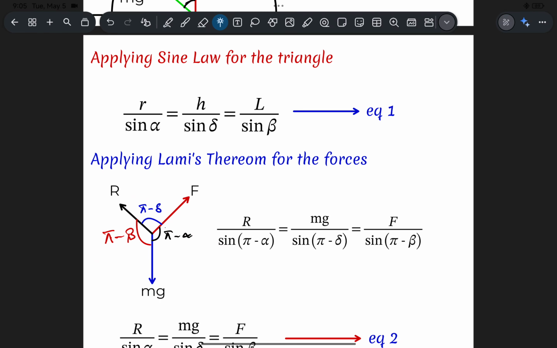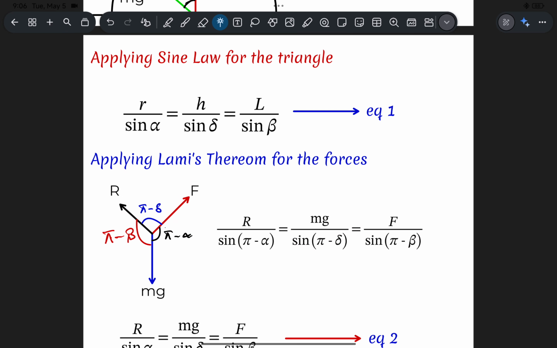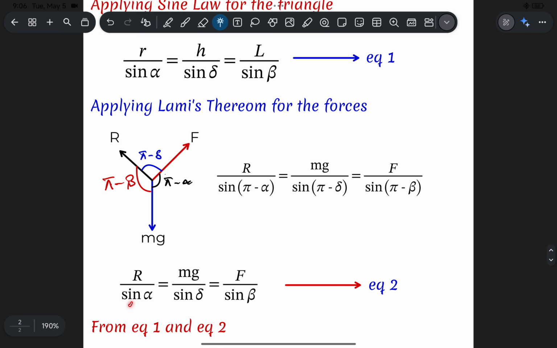Now again, applying Lami's theorem, mg by sine of pi minus delta should be equal to F by sine of pi minus beta, which I have written here, and R by sine of pi minus alpha. And we know that sine of pi minus alpha, or sine of 180 minus anything, is just the sine of the angle itself. So I just wrote it as sine alpha, sine delta, and sine beta.